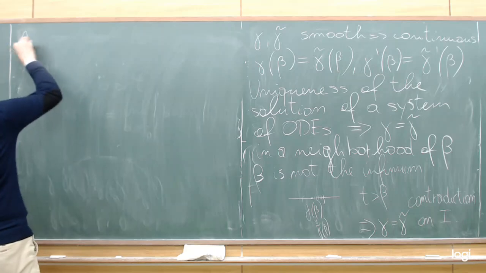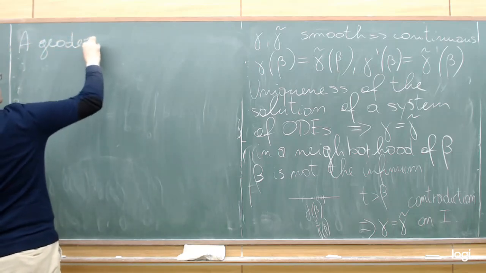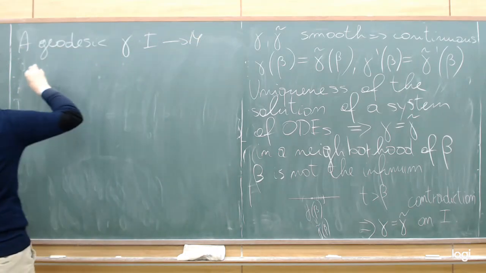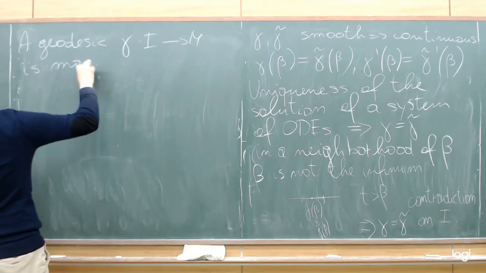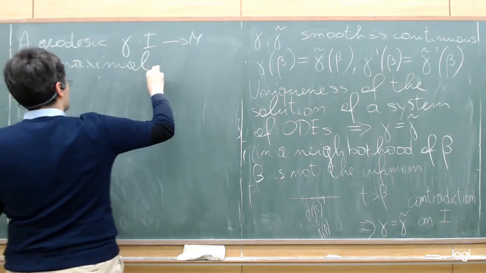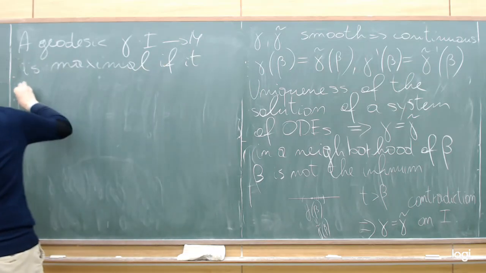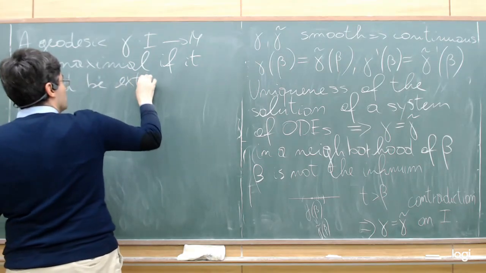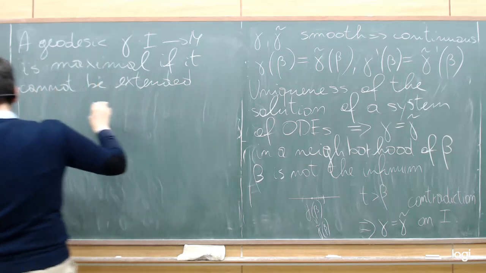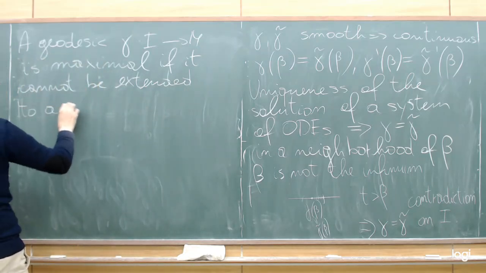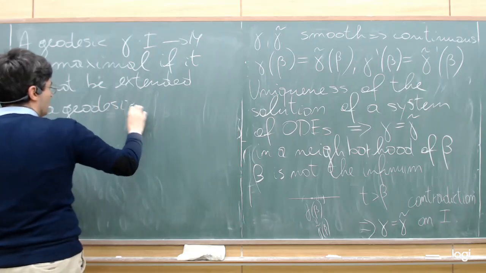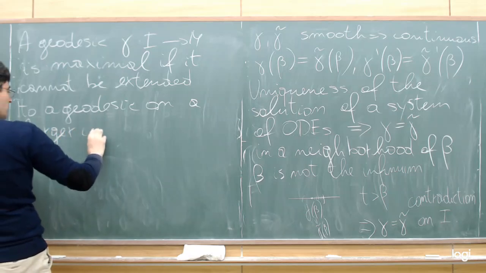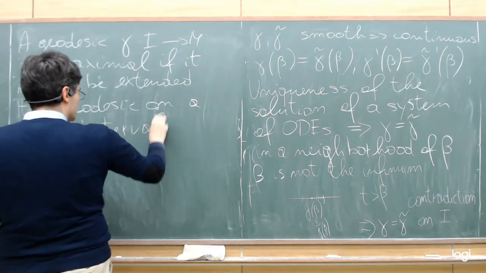So a geodesic on M is maximal if it cannot be extended to a geodesic on a larger interval.